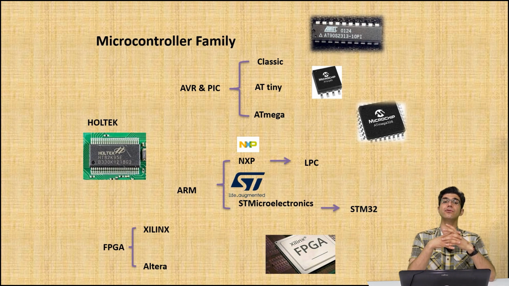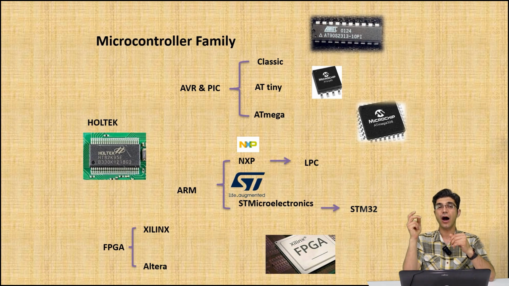AVR and PIC actually joined each other, and now we have just one company. But we have three families for the AVR. One of them is the classic, one of them is the 8020, and the other one is the Atmega. The classic starts with 90, for example, and the other one is the ATtiny, which are very small microcontrollers.